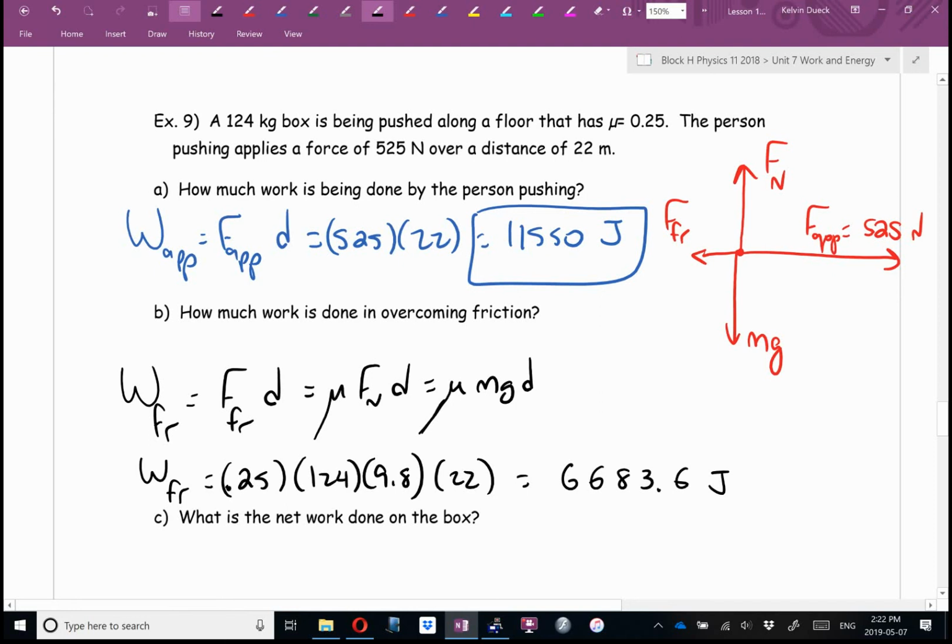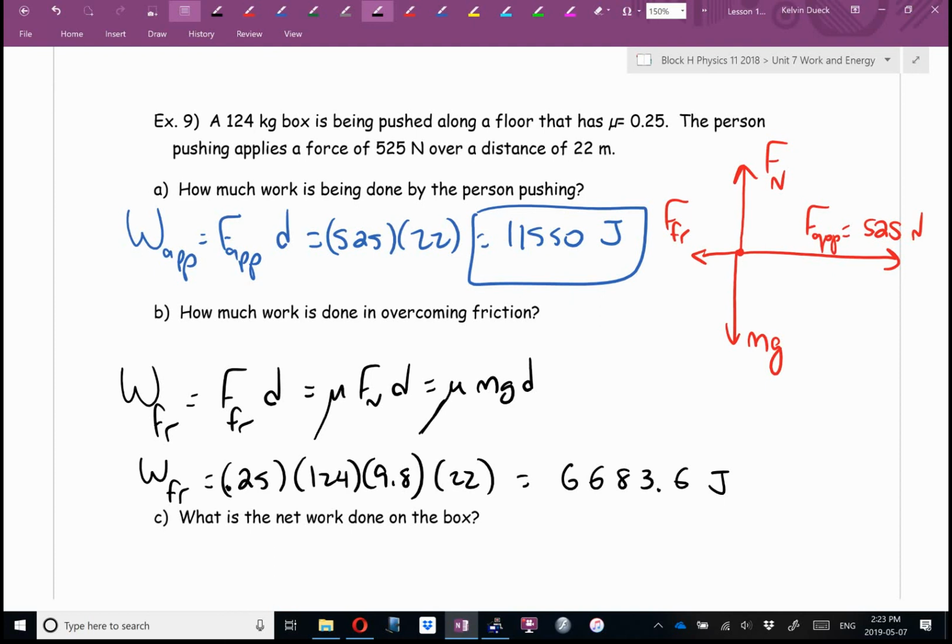Why must that be wrong? Because it is wrong, technically. Why must that be wrong? Has to be negative. William, why would it have to be negative? What direction are we pushing? To the right? Sorry, what direction are we moving? To the right. But what direction is friction pushing? Left. They're in opposite directions. And what that really means is we're losing energy to friction. What would be a good way to show an energy loss?